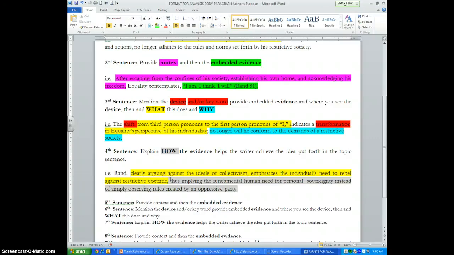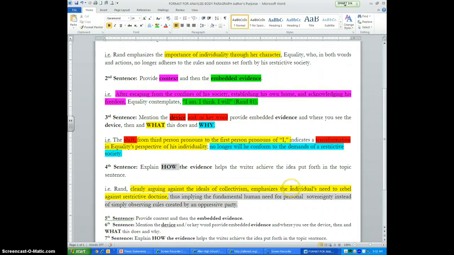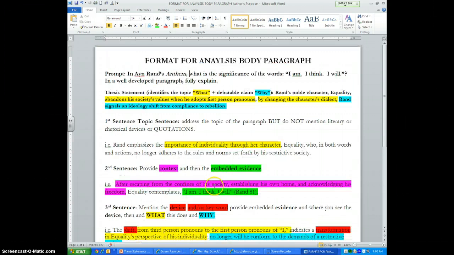This, thus, implying the fundamental human need for personal sovereignty instead of simply observing rules created by an oppressive party. So again, since I mentioned that an individual needs to rebel if they're not being allowed to be an individual, that's why I talk about personal sovereignty, control over yourself, over your own destiny. And then again, the oppressive party is referring back to this collective doctrine that we were asked to write about up here.